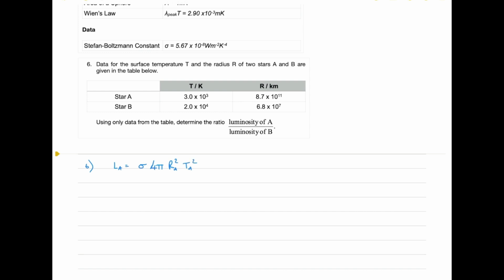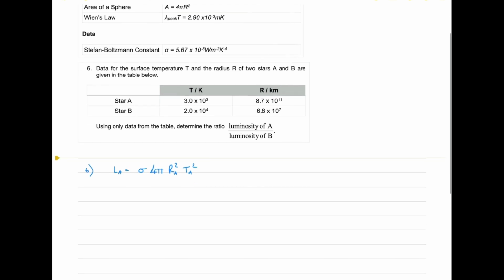That's just using the equation above. And luminosity of B is equal to sigma 4 pi radius of B squared times temperature of B to the power 4. We can cancel out these and we'll pop in our data.